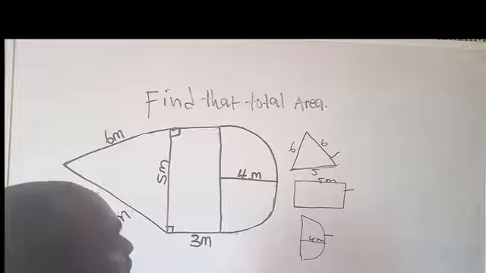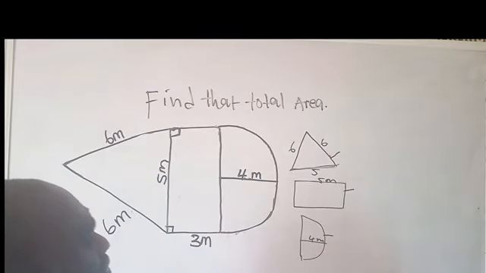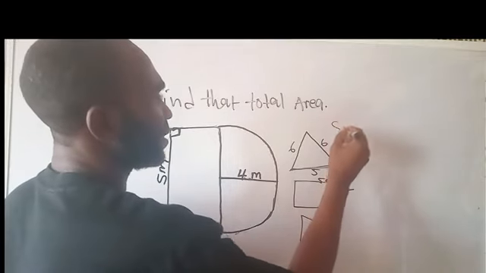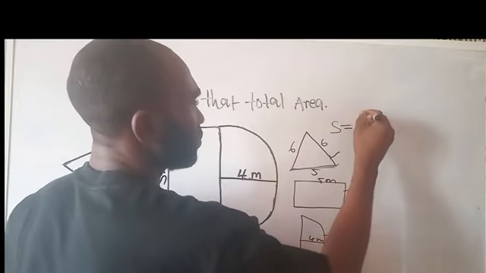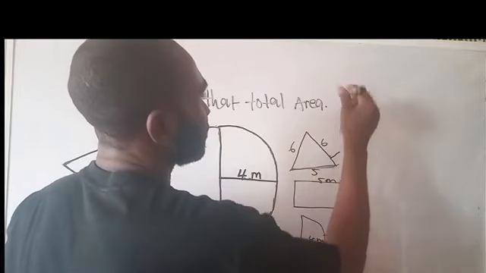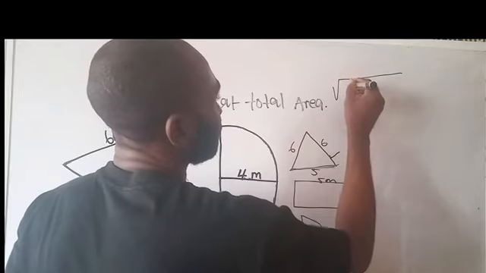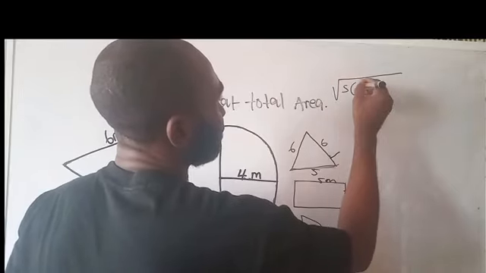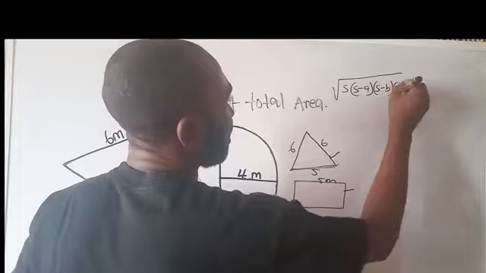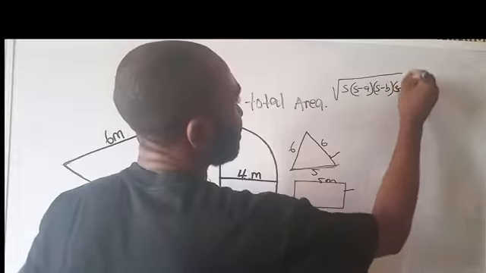When you have a triangle with 3 sides and you're asked to find its area, this is the formula you have to use: area is equal to the square root of s times (s minus a) times (s minus b) times (s minus c).